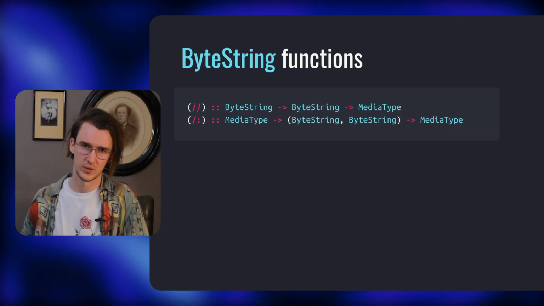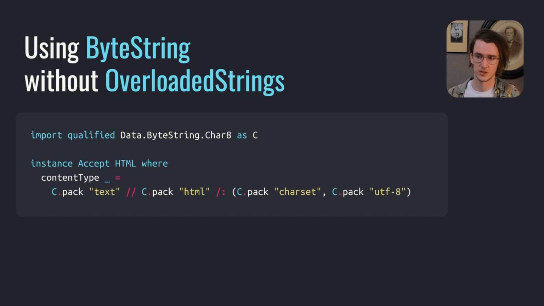We use these operators for parsing HTTP media type headers. This function works with ByteString types. Without having OverloadedStrings, we would need to provide explicit conversions for all the ByteString types, similar to what we've seen before, but with a bunch of calls to the pack function, which is manageable but still quite annoying.